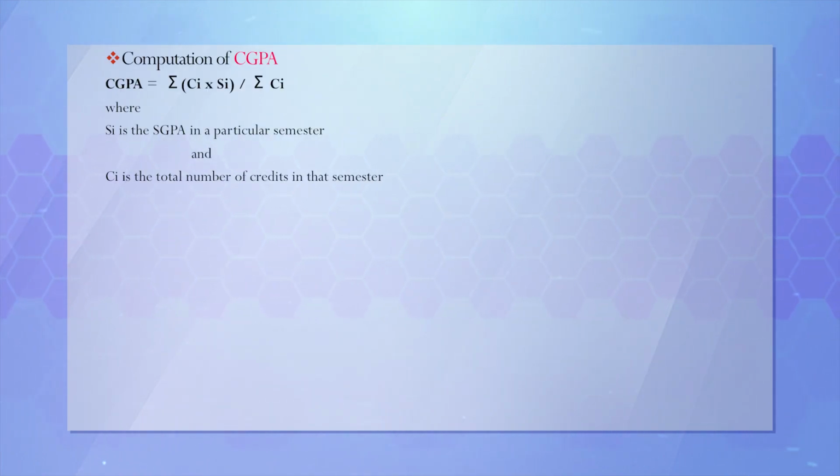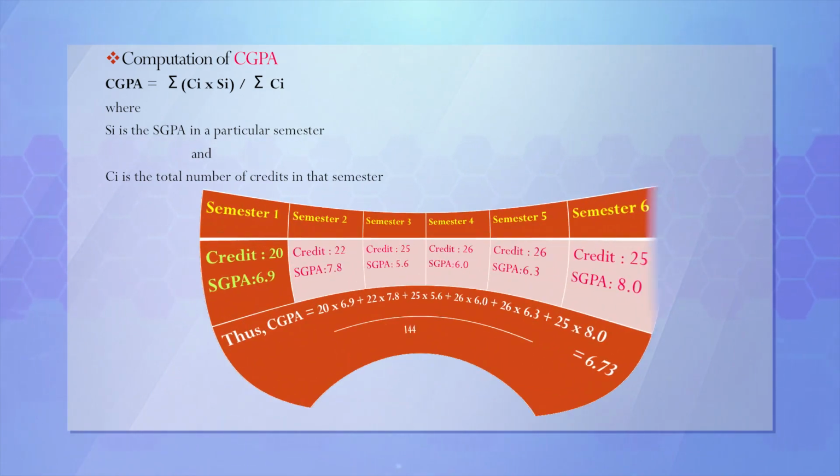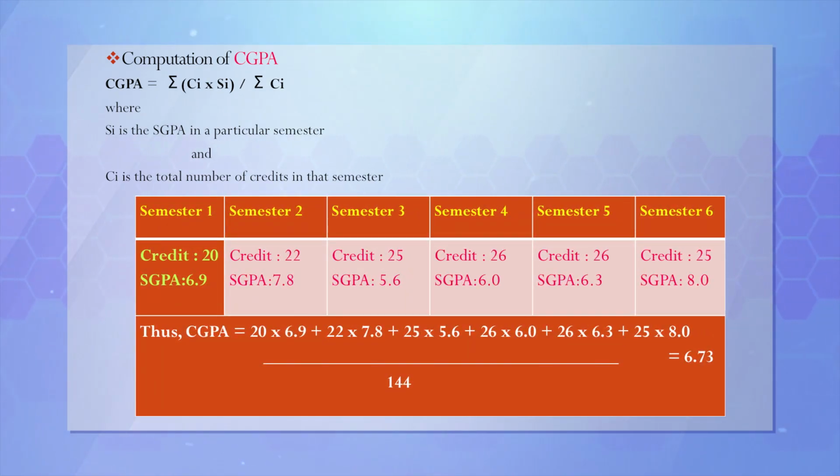The computation formula of CGPA is summation of Ci into Si divided by summation of Ci, where Si is the SGPA in a particular semester and Ci is the total number of credits in that semester. Now, let us calculate the CGPA of a student in total 6 semesters in a program.